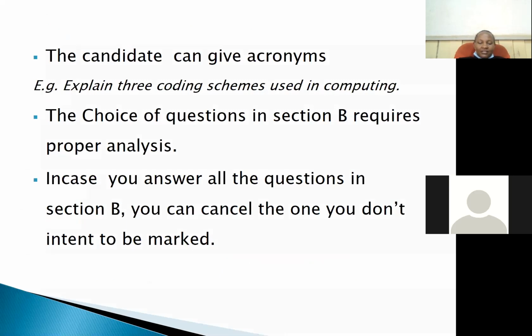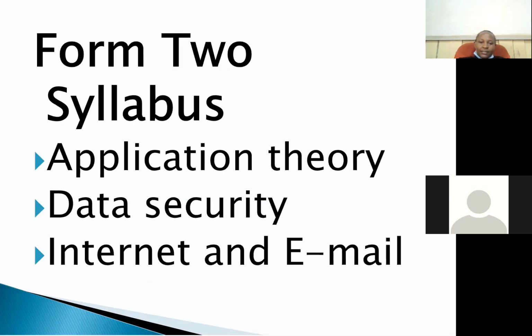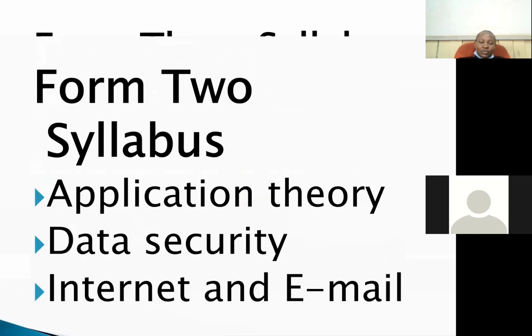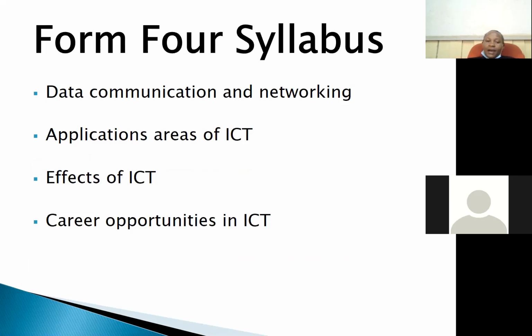So now, after that topic, we have the next topic in Form 4, which is the application areas of ICT. You should be able to answer a question from application areas of ICT, and your answer should contain these 2 points.